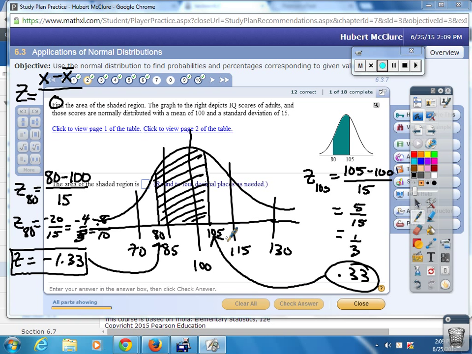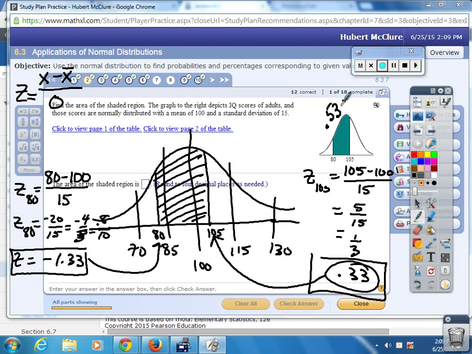So now what do you do? Well, you take your handy dandy calculator and you type in negative 1.333333, comma, 0.333333, comma, and what do you come up with? 0.5392.